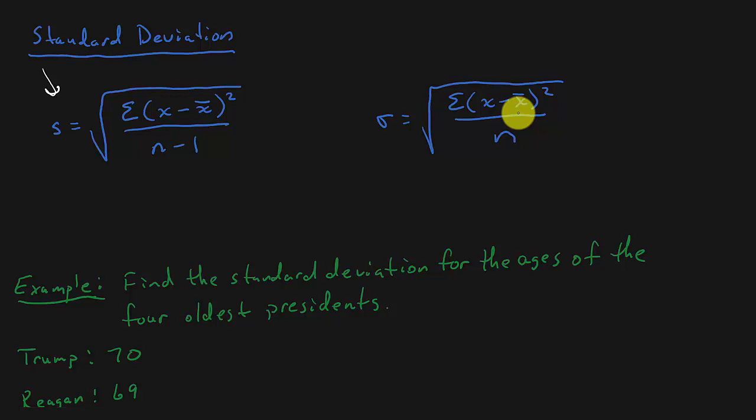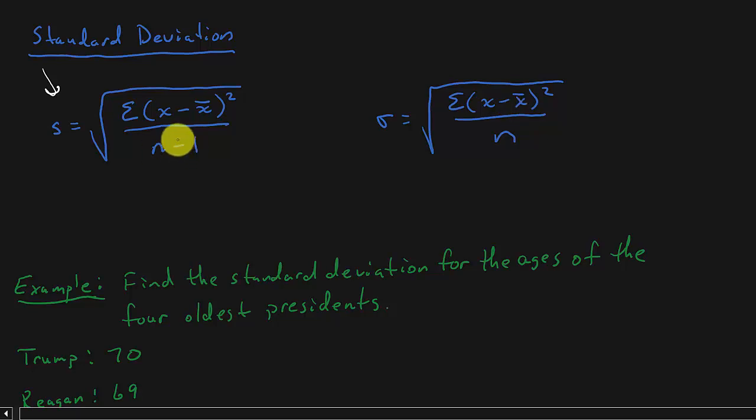More than likely, you're going to be using the sample standard deviation, this first formula. You've got to know this formula. S is used to represent sample standard deviation. Sigma is used to represent population standard deviation, and you can see the difference. The sample is divided by n minus 1, and the population is divided by n.